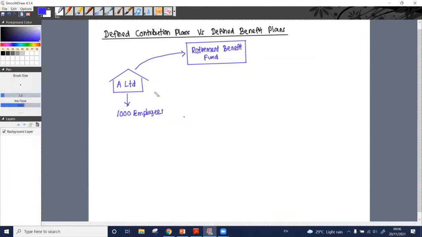So for these 1,000 employees, on their retirement, right, they can ask for this money. They can ask for this money, right, from this fund, from the retirement benefit fund. They need to pay benefit.